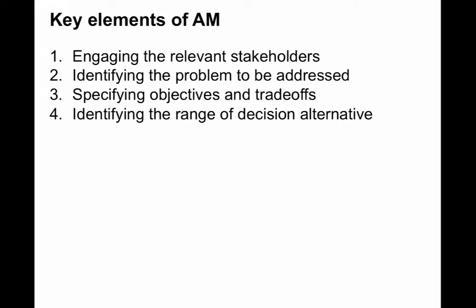We then need to identify the range of decision alternatives that may be part of a restoration plan. We need to bring those forward, identify what those are, and then look to see what the potential response would be based on some existing body of knowledge. And then it's very important that we specify the assumptions related to our sites and actions.